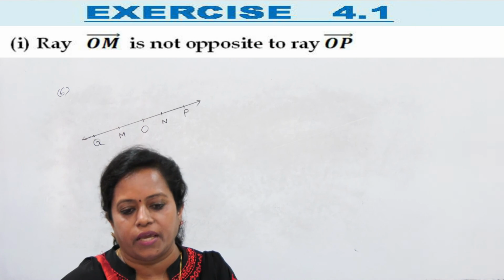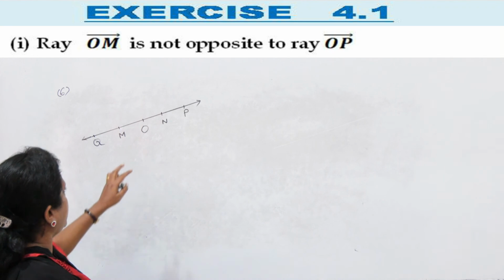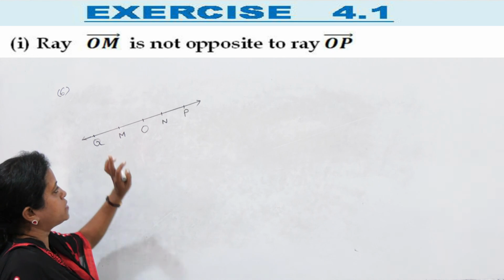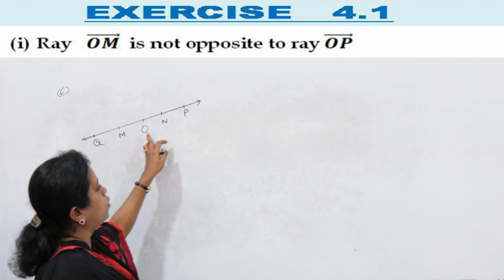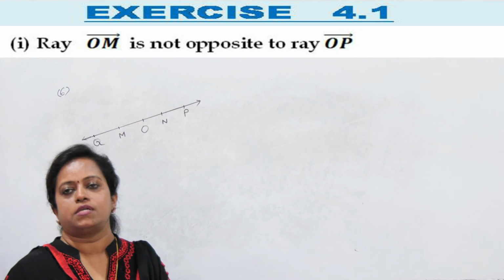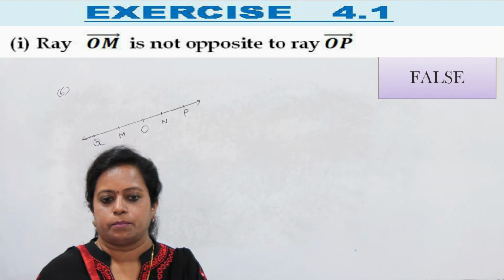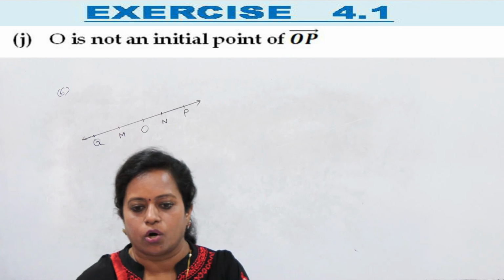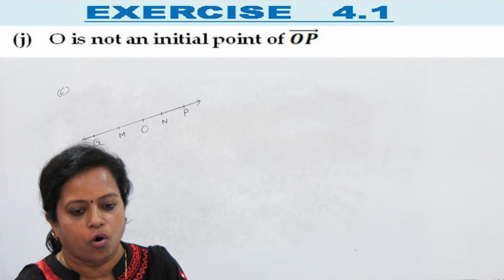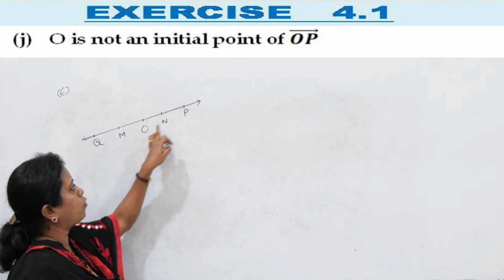I. Ray OM is not opposite to ray OP. You can see that they are opposite. So this statement is also false. Now statement number J. O is not an initial point of the ray OP.